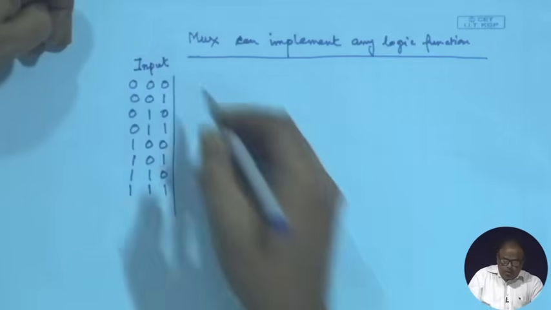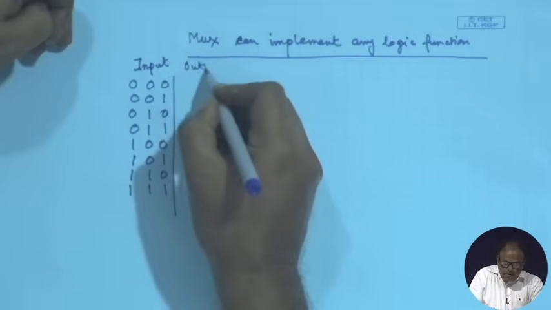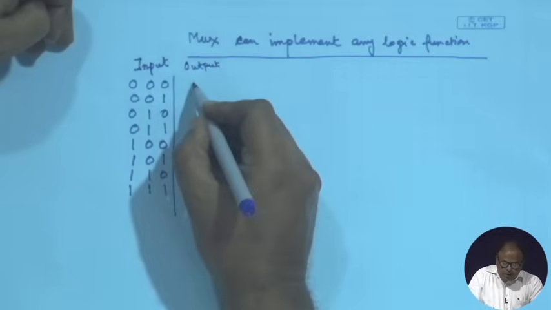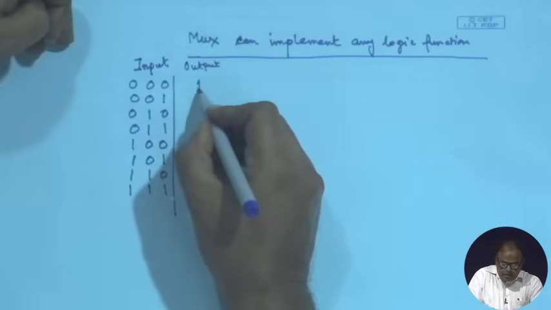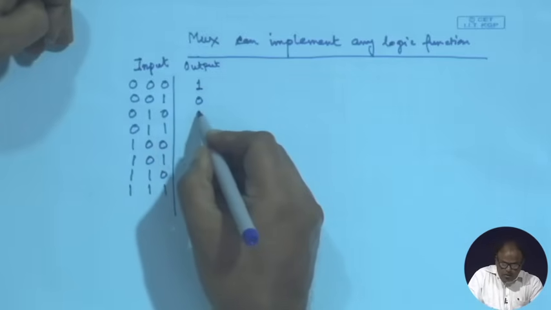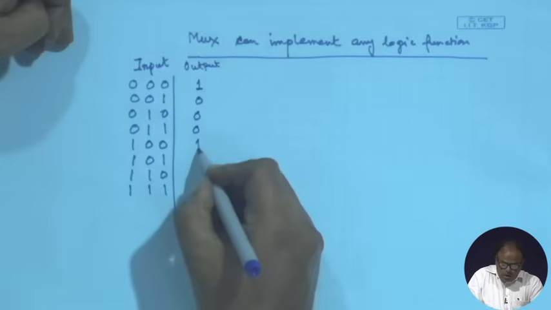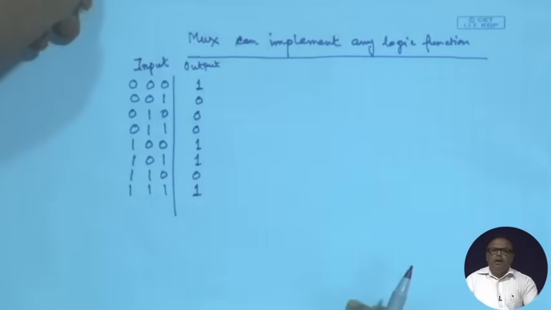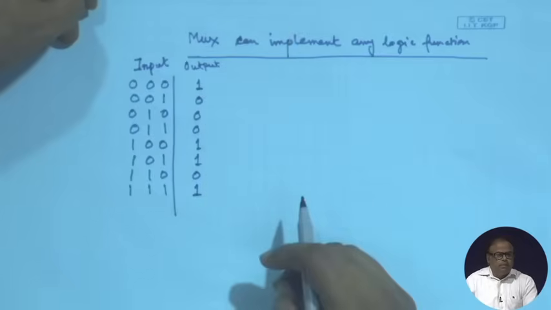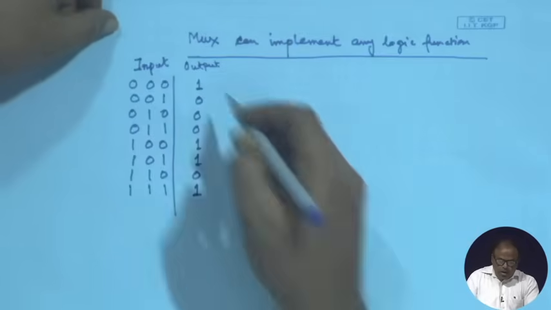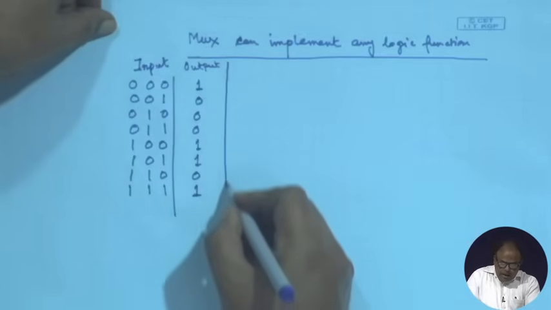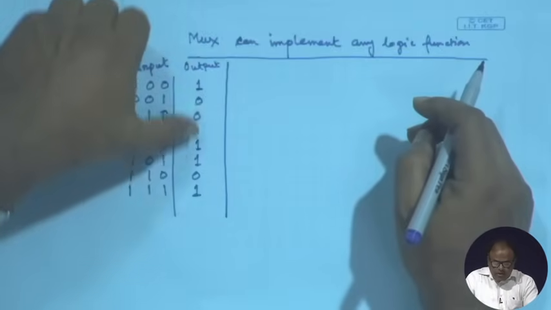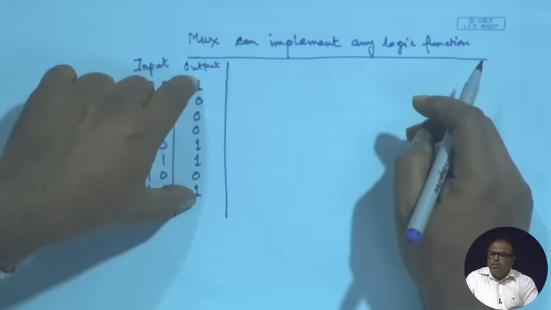Corresponding to each input combination, I will have different outputs. Say my output is something arbitrary, I am writing 1, 0, 0, 0, 1, 1, 0, 1, implementing some logic function. So, I have 3 inputs and 8 possible outputs of ones and zeros.